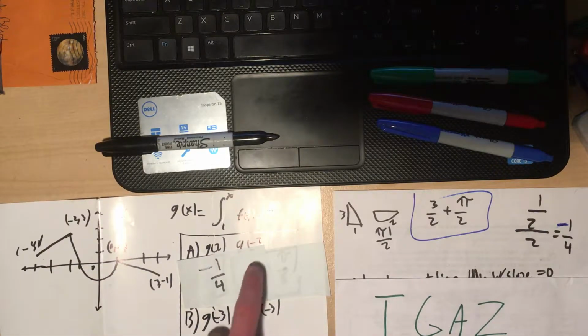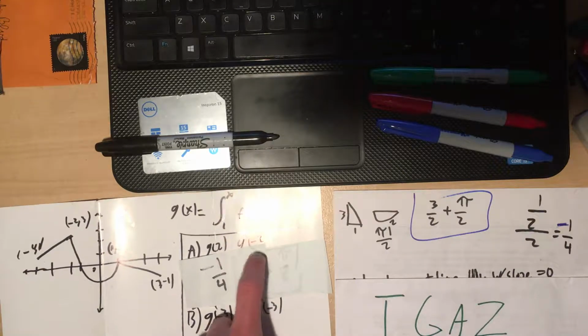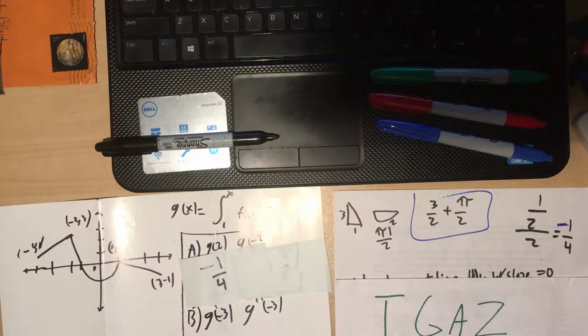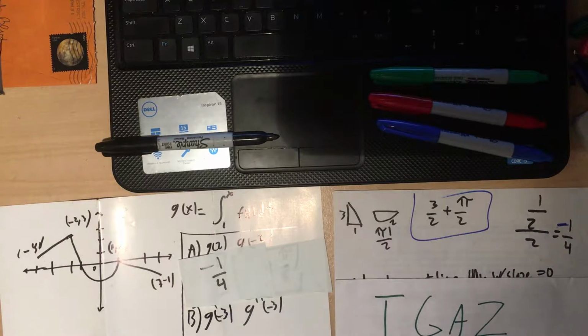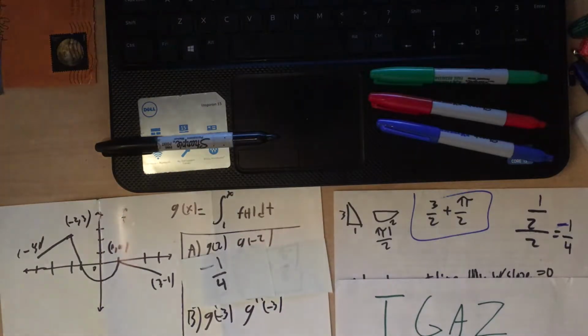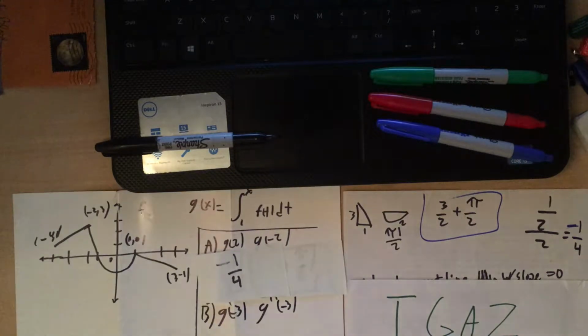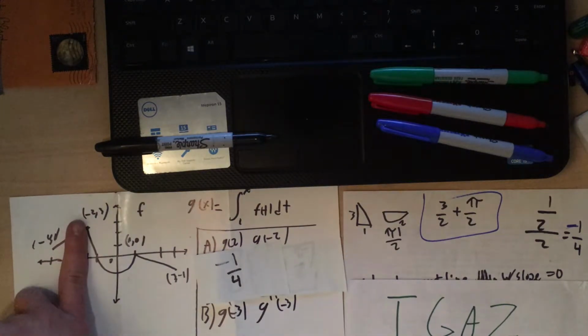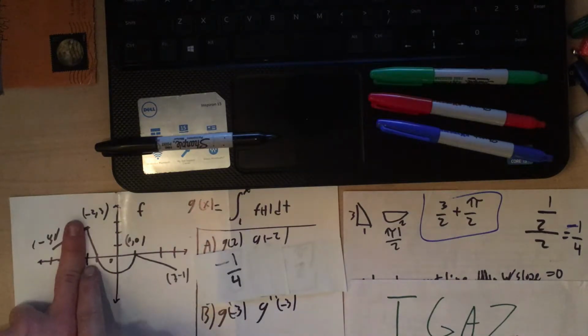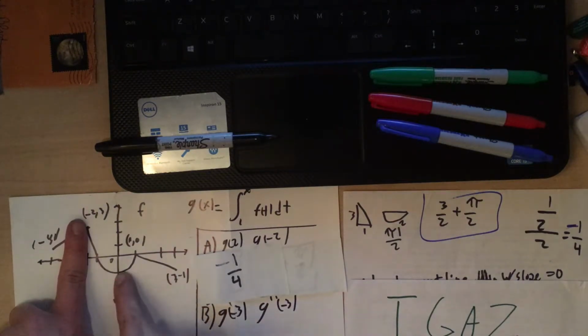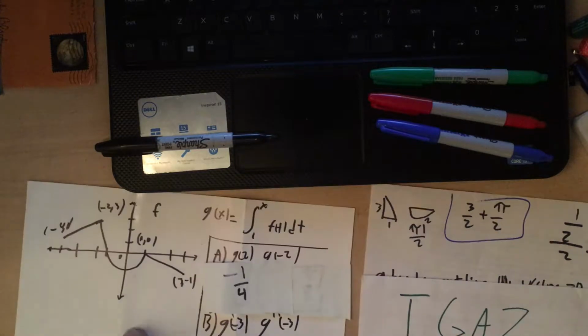Now, next we're asked to look for g of negative 2. And we can find this by looking at the graph of f. So we end up with a triangle of height 3 and base 1 and a semicircle of radius 1.